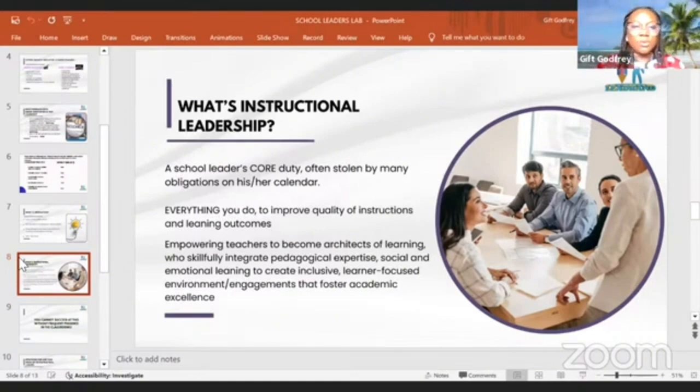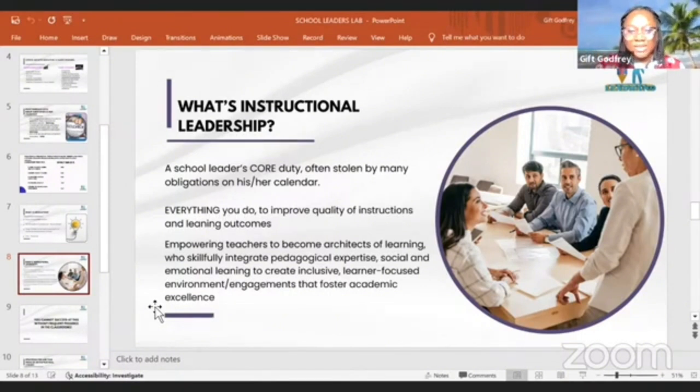Now, it's also everything you do to improve quality of instructions and learning outcomes. And then if you are big on definitions, take this working definition. It means empowering teachers to become architects of learning, who skillfully integrate pedagogical expertise, social and emotional learning.